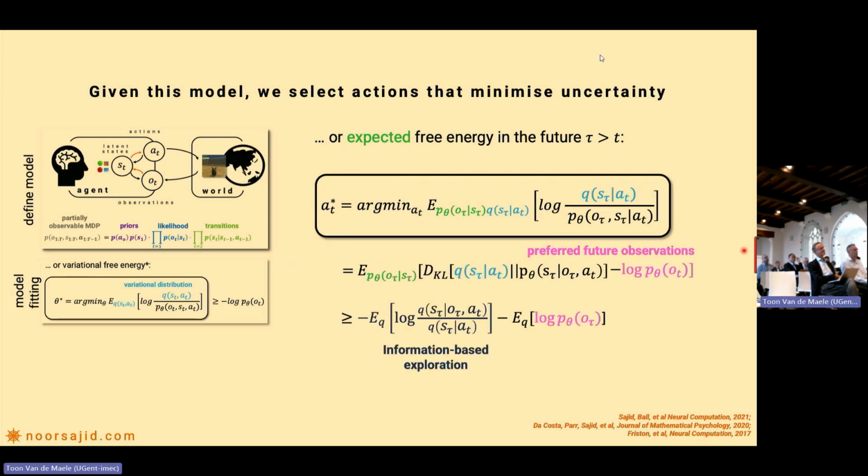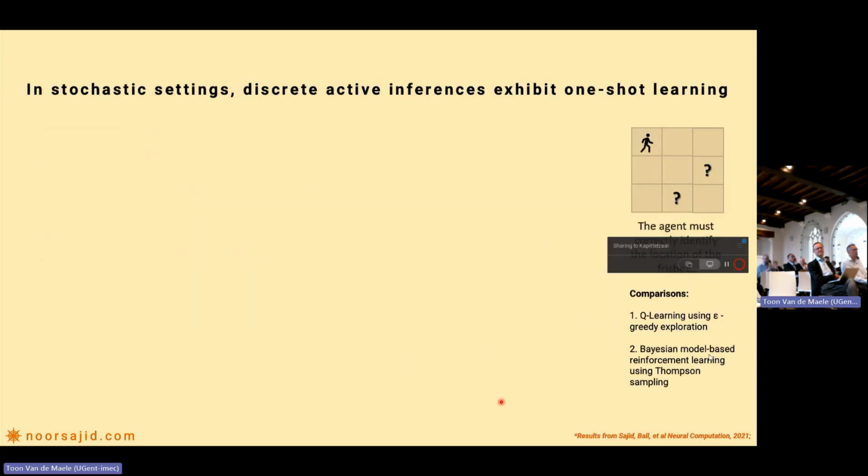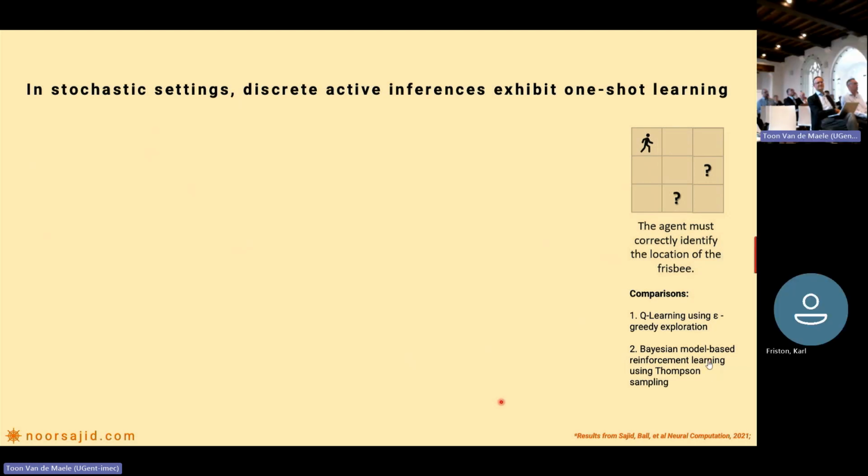Selecting actions in this way has some nice properties. It naturally accounts for intrinsic and extrinsic imperatives. And the first expectation is the information-based exploration that leads to curious, information-seeking behavior. Okay. So that was a quick spiel of the standard active inference scheme that we've been familiar with in the literature.